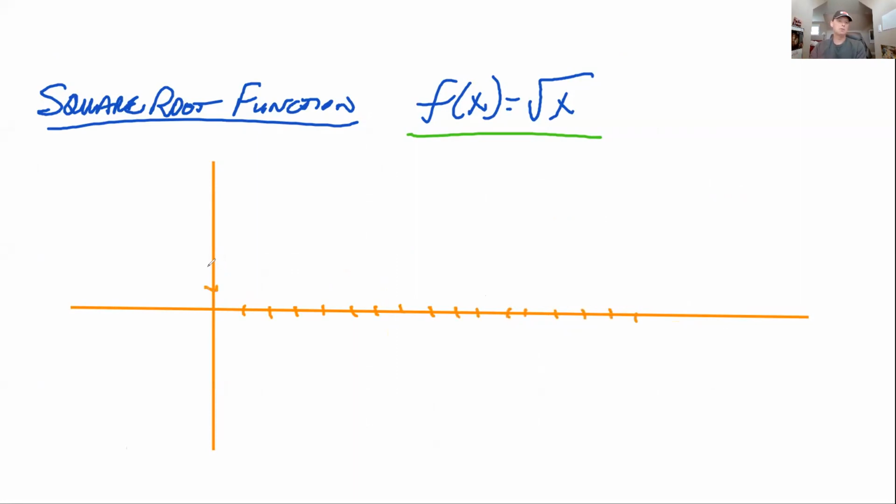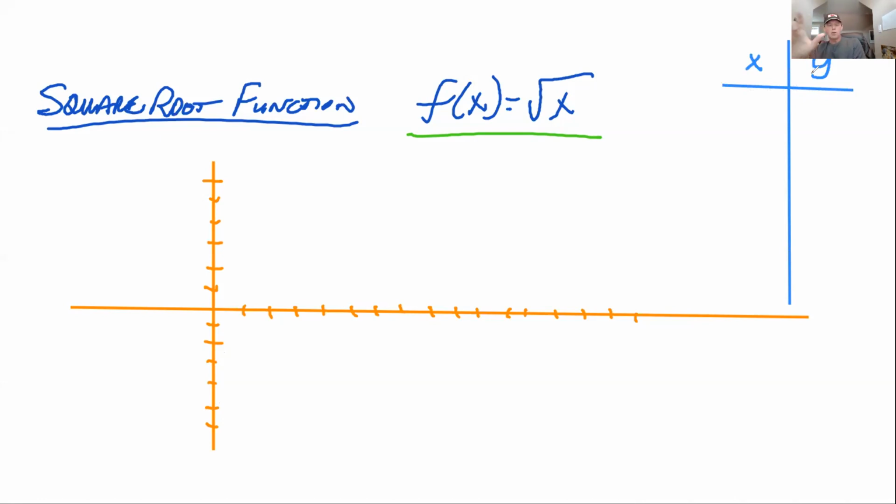And I'll go down here 1, 2, 3, 4, 5, 6, but you're going to see in a few minutes we're not actually going to be ever down there. Then over here, let's make a t-chart again. I haven't done this in so long. Remember doing this? Where we pick different values for x and figure out what that is for y.